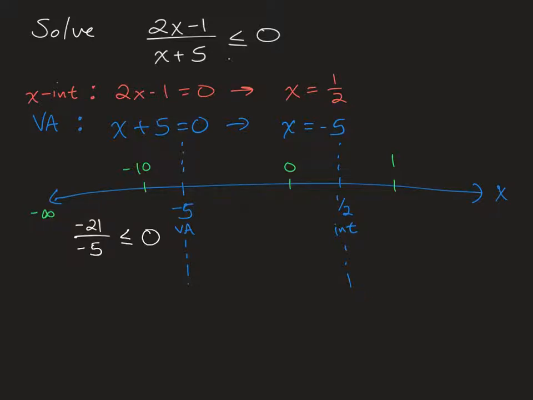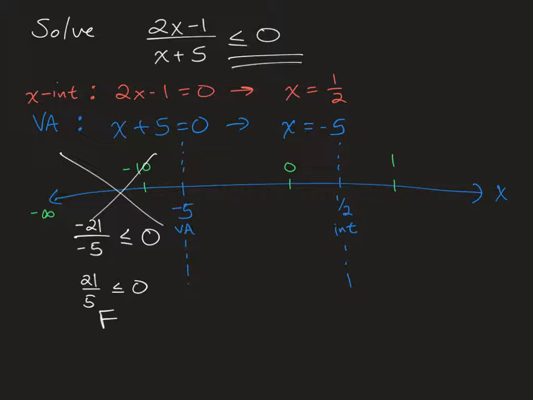I'm always using this inequality up here. Now, this can be simplified to 21 over 5, which is less than or equal to 0. That is false. So I will not shade this area. That area does not work for our inequality.